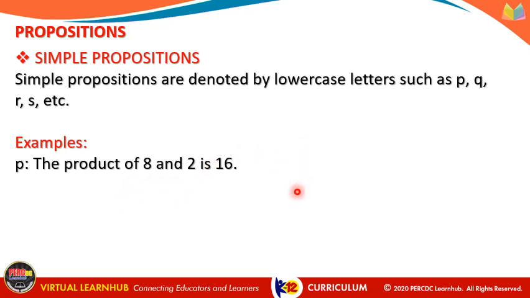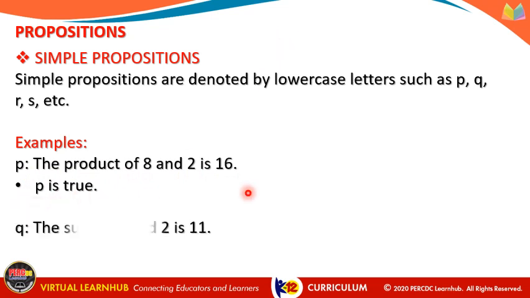Yes. That is why you can just say P is true. So most of the time, variables or lowercase letters are used just to make statements simpler. Instead of rewriting the entire proposition, just say, the proposition P is true.